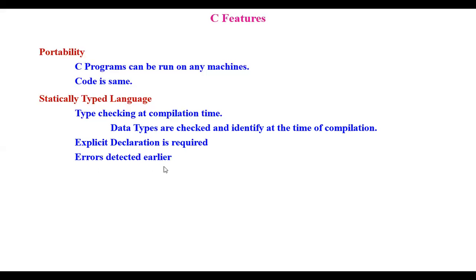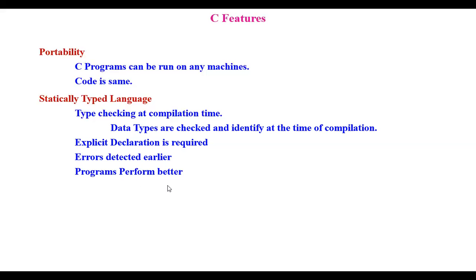When errors are detected at the time of compilation itself, the compiler gives an error and a clear picture that the error is here. So when you make some error, we can rectify it at the early stages itself. In the early stages, we detect these errors, rectify them, and compile again. So error detection is done at an early stage.